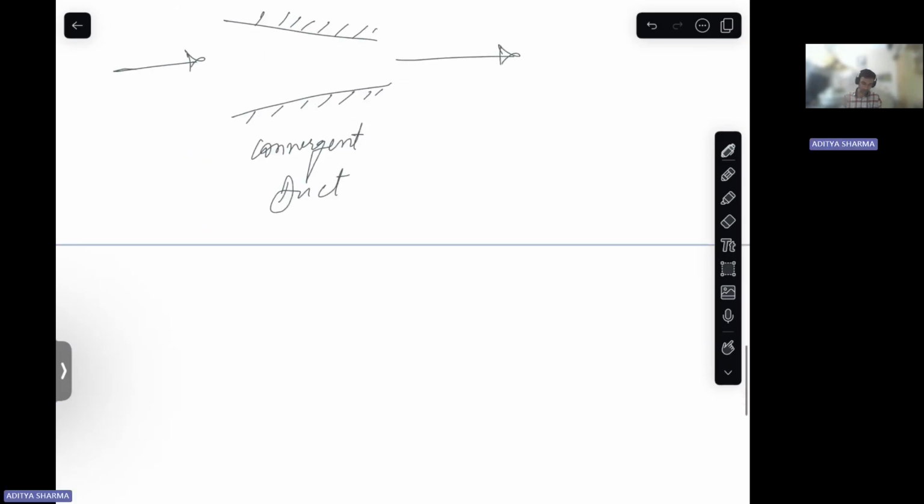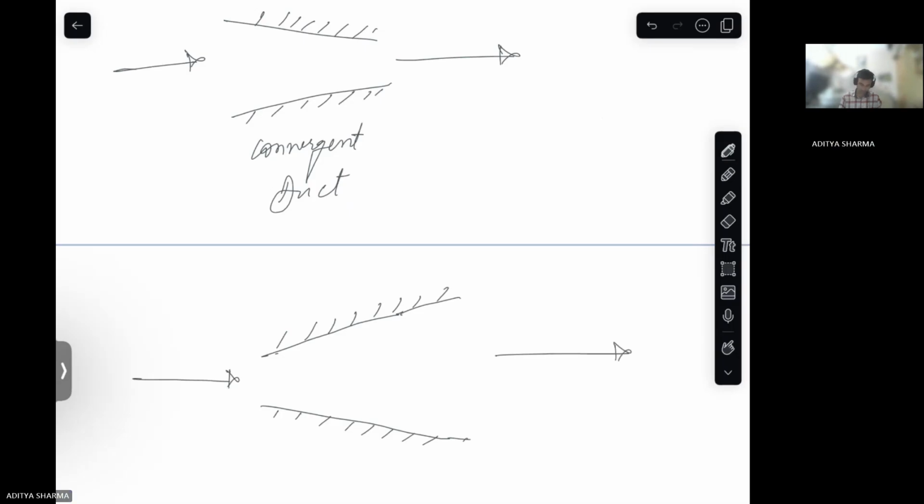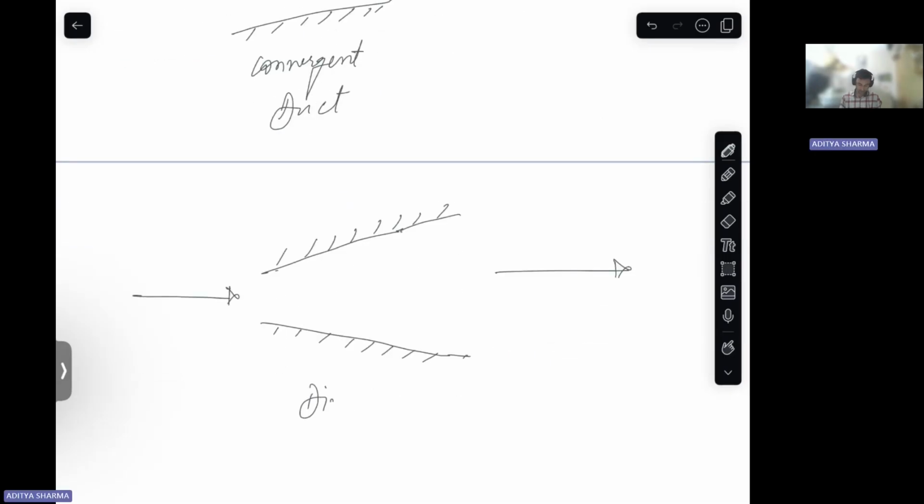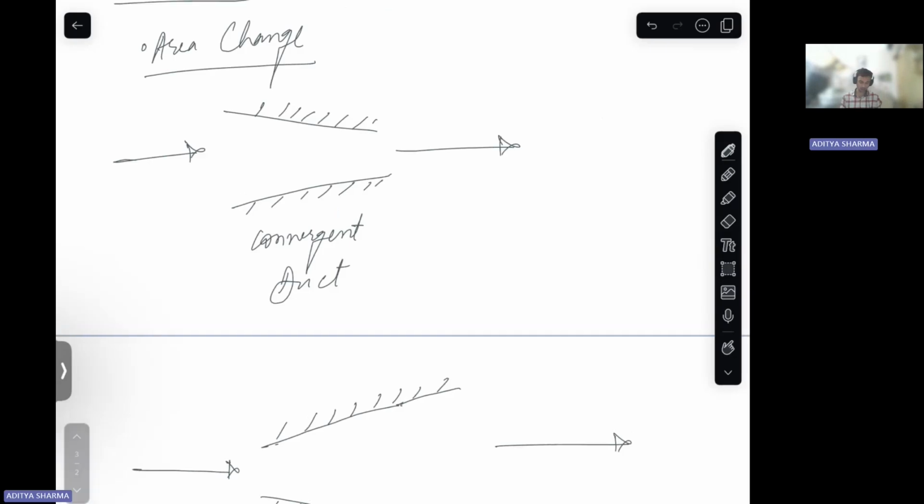Then opposite to it is your divergent duct, where if your fluid is subsonic and it is moving in this divergent duct, in that case we will see compression, right?